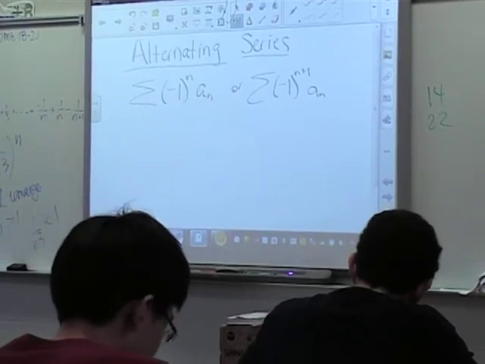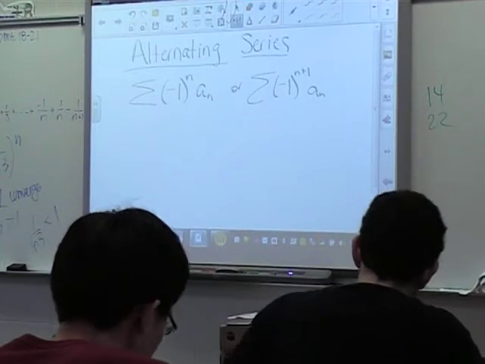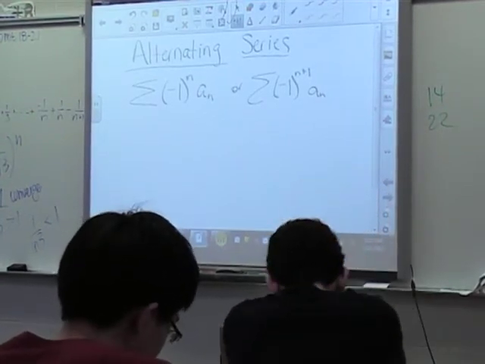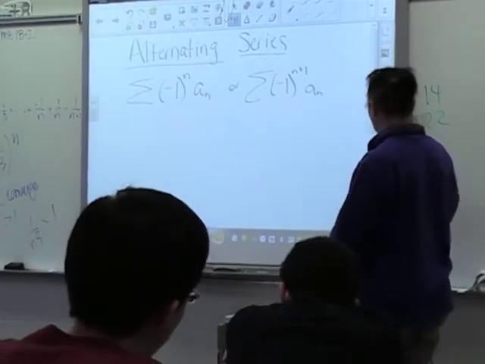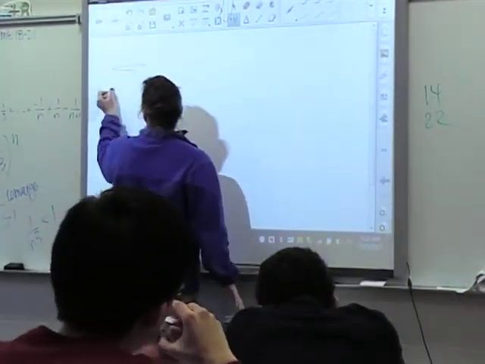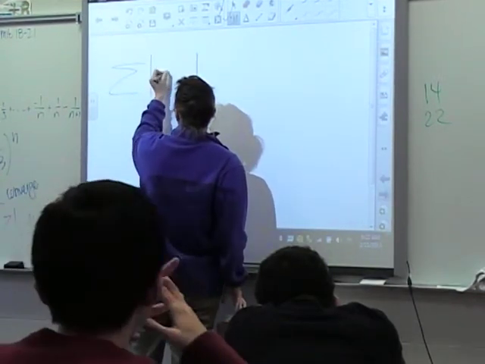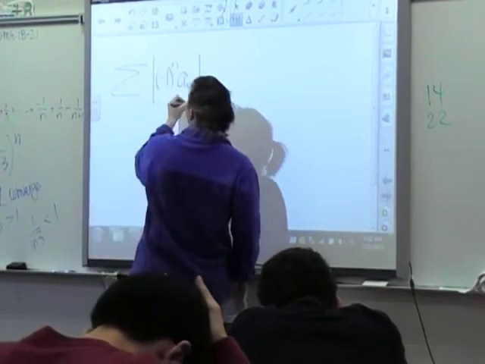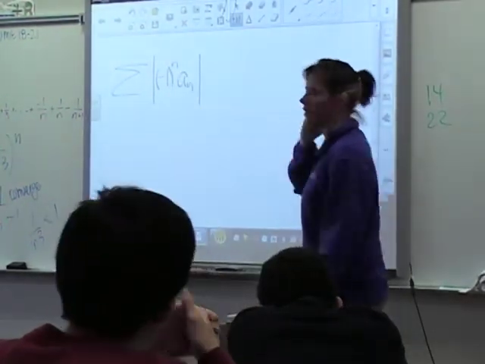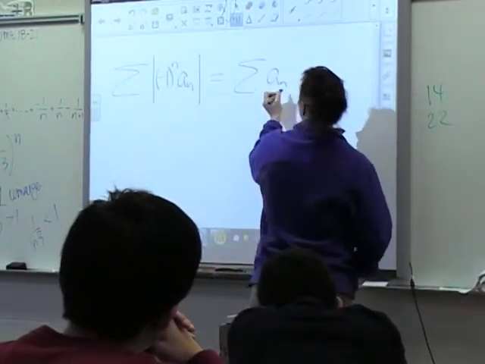When we deal with an alternating series, the first thing we're normally going to look at is actually the absolute value of the series. So like if I have the absolute value of -1 to the n a sub n, what would that equal? Just a sub n.